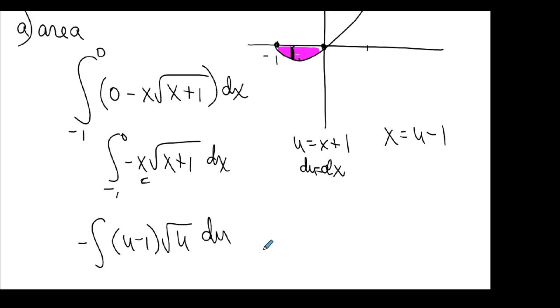I'm not going to work that out, but that's how we set it up. I got 4/15. If you want to work it later and check your arithmetic. I'd rather move on to part B.